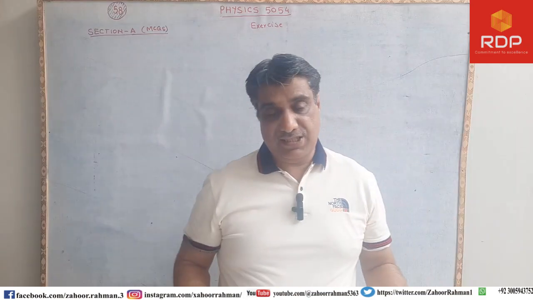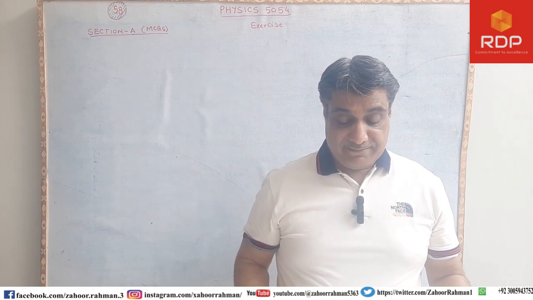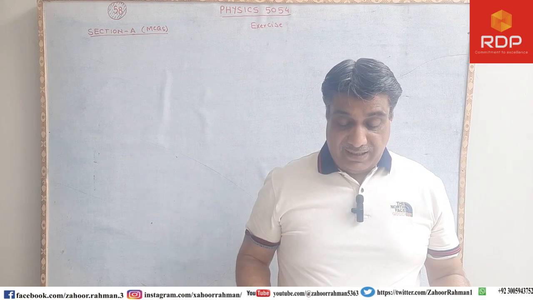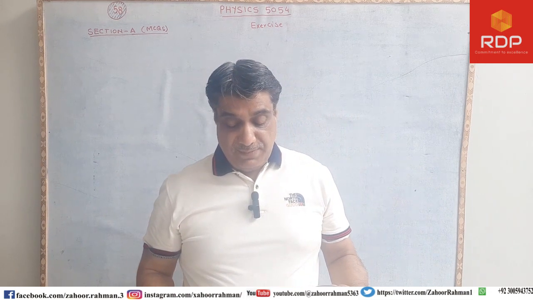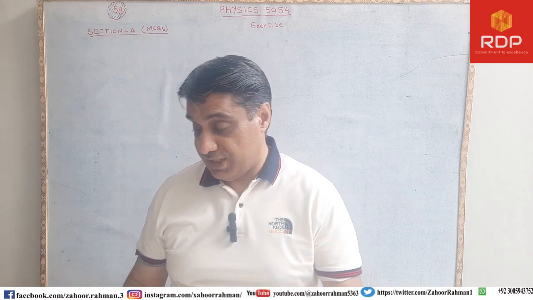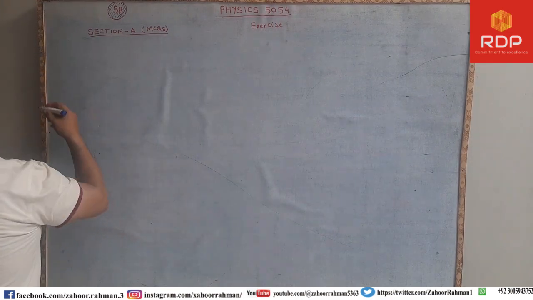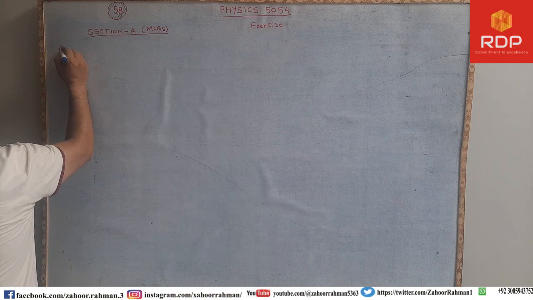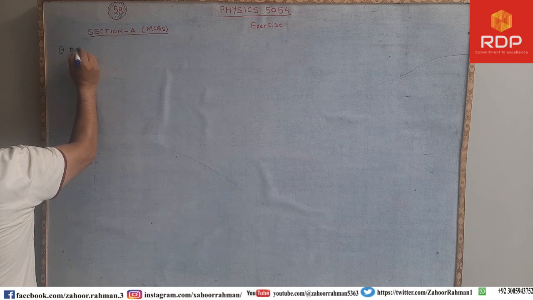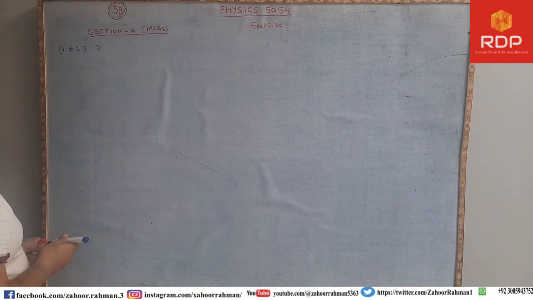Yes, we discuss these things in greater detail: whenever you are supplying heat to a metallic body, it means that the internal energy of the sphere increases. So D is the correct option. I am writing in section A question number 1, and D is the correct option.